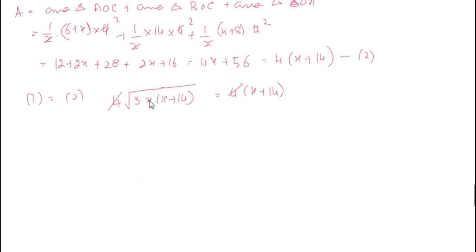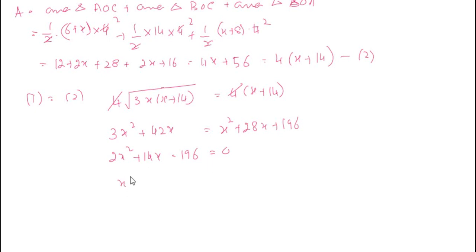Now squaring both the sides, this becomes 3x square plus 42x equal to x plus 14 whole square, that is x square plus 28x plus 196. 3x square minus x square is 2x square, 42x minus 28x is plus 14x, then minus 196 equal to 0.